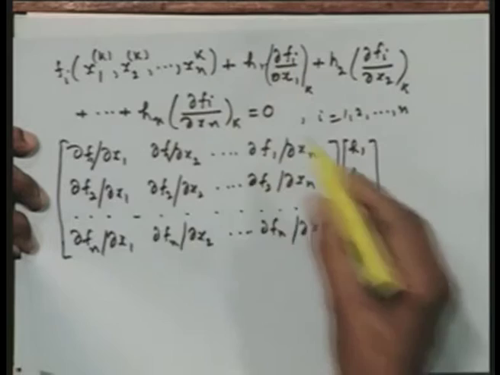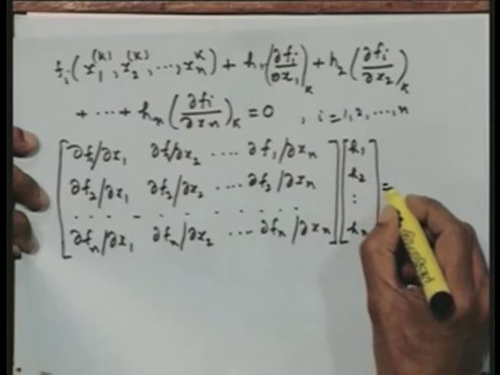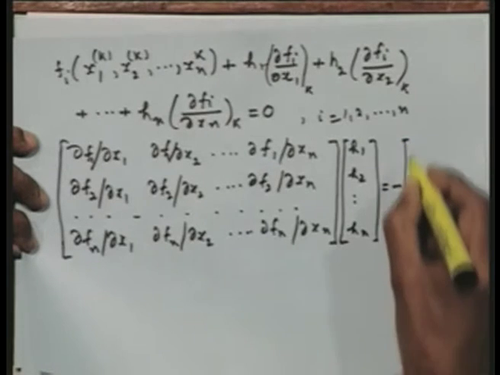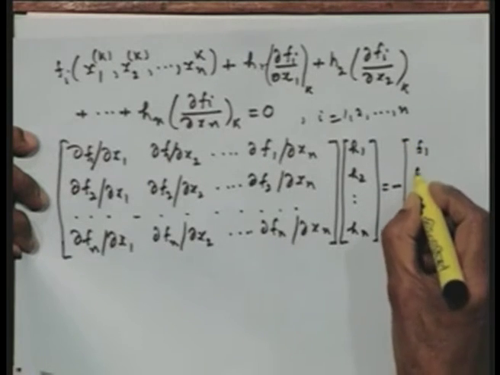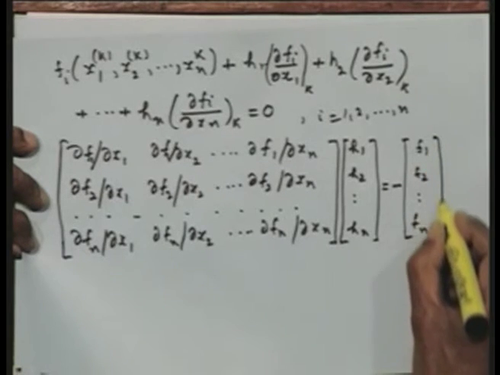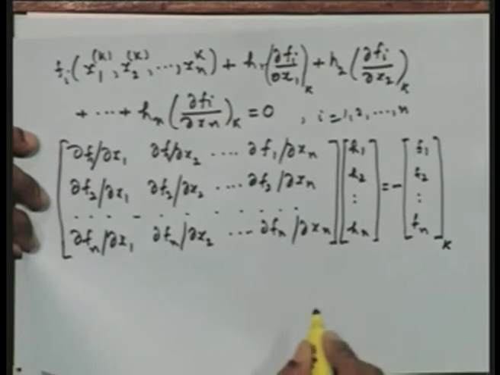Now, I have written this particular thing, and the known terms are taken to the right hand side, therefore I will have minus f1, f2, up to fn, all of them evaluated at the kth iterate.